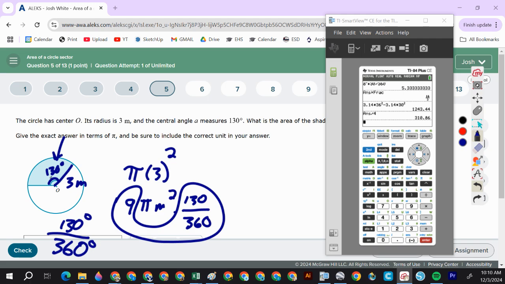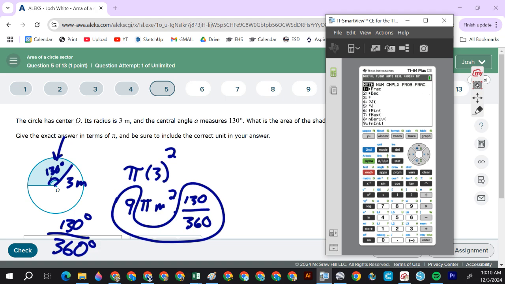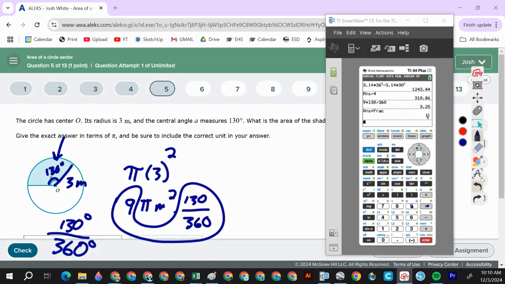I'm going to ignore the pi and then just throw it on to the end. So I need to do 9 times 130 divided by 360. And that gives me a decimal. And then I can push math fraction. And I get 13 pi over 4 meters squared.